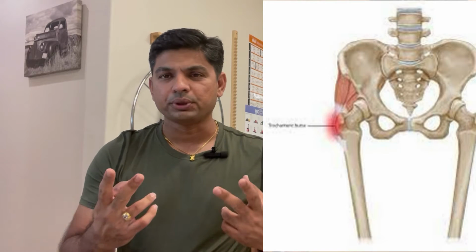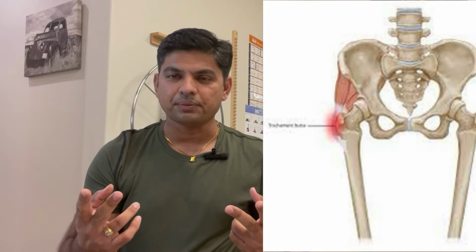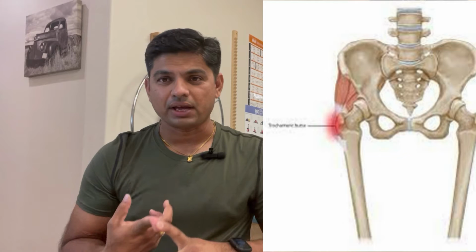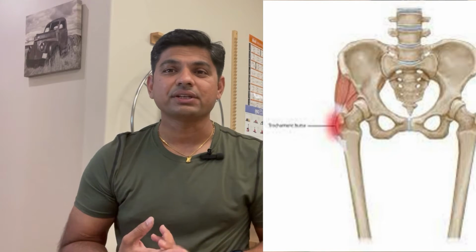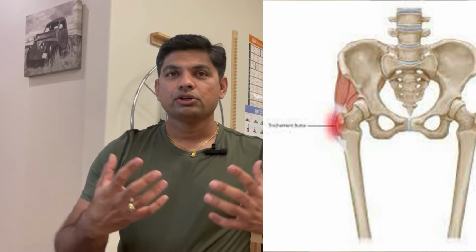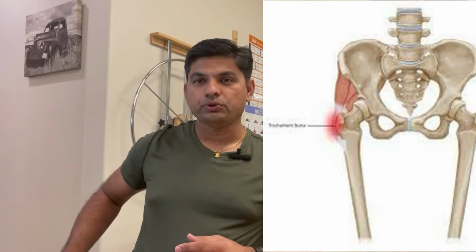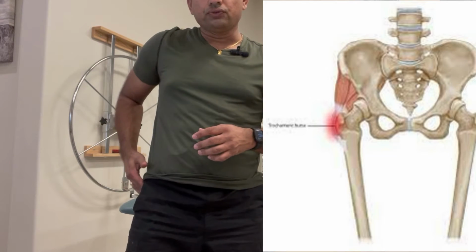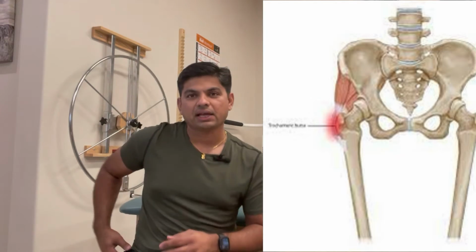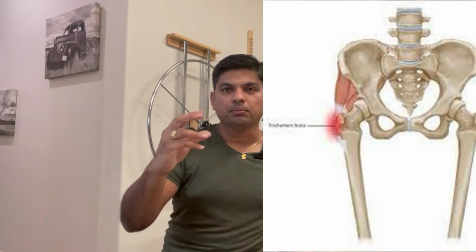There are two main types of bursitis. One is the greater trochanteric bursitis, and the second one is the iliopsoas bursitis. So greater trochanteric is when you stand up, and right on the side you will feel a bone like a big ball.